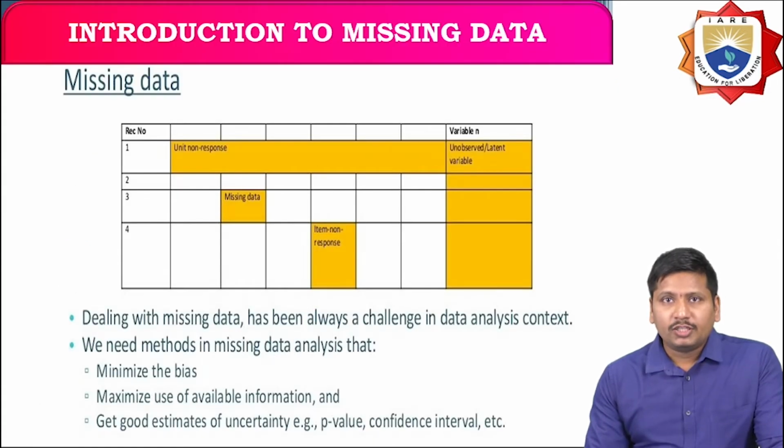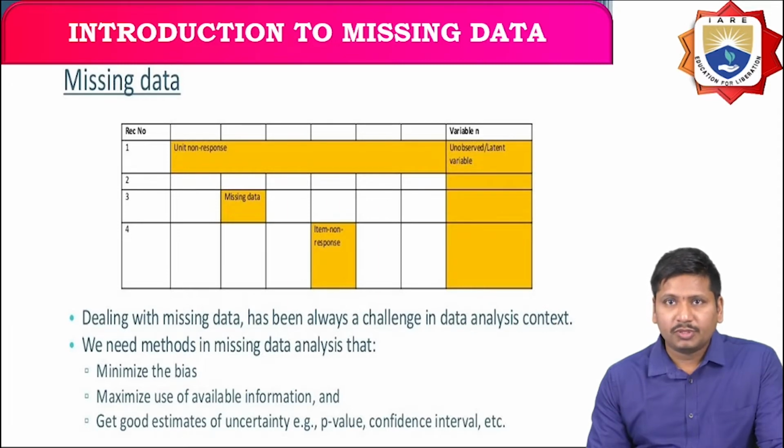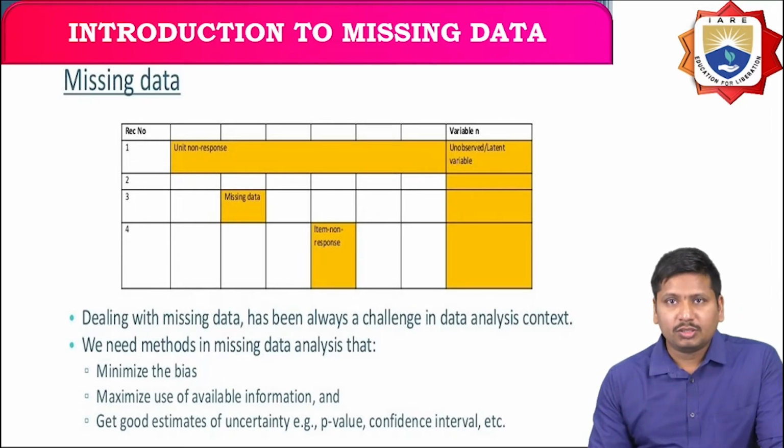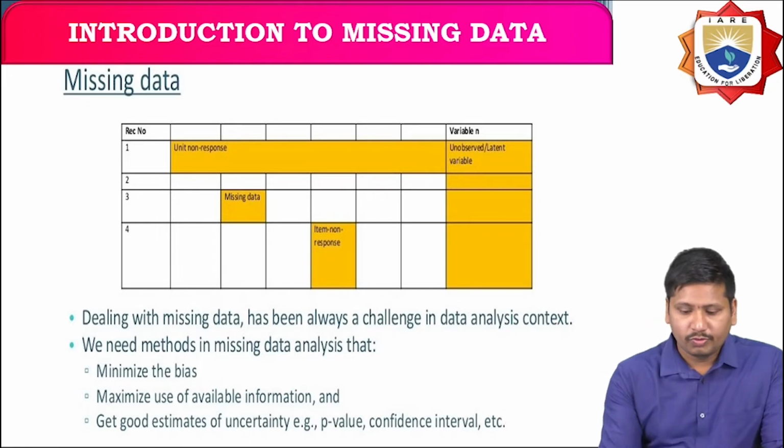Next, what are the various forms of missing data? The various forms are unit non-response missing data, item non-response missing data, and I can also treat it as a latent variable, an unobserved variable. Unit non-response missing data means a row having multiple missing values.